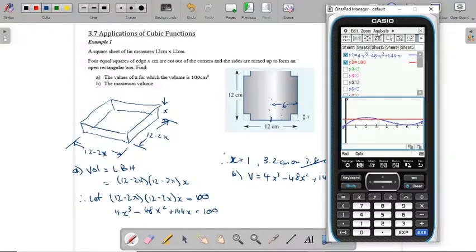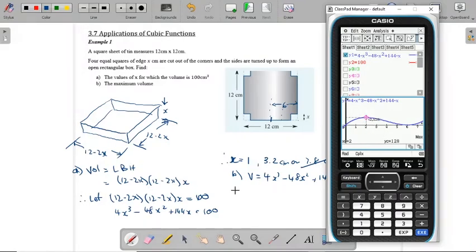So I'm just going to redraw that without that, and go analysis, G-solve, and then max. What that's going to do is highlight this maximum value that we want. We can see by looking at that, with an x value of 2, that's where we've got a maximum volume, and the y value here of 128, or in this case it's V, isn't it? So it's volume.